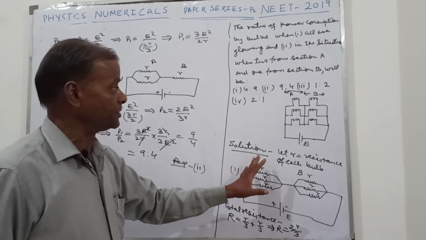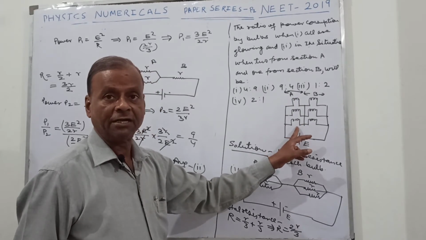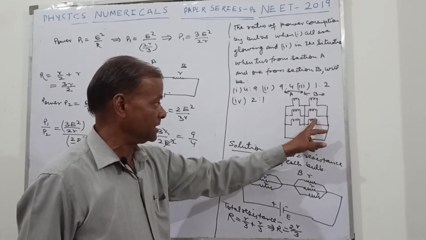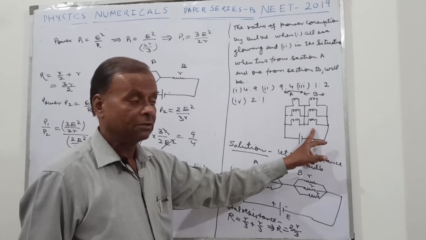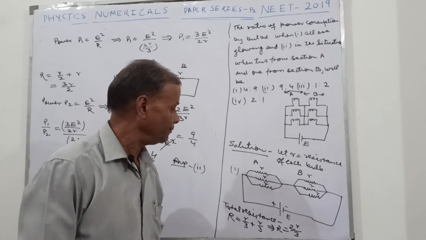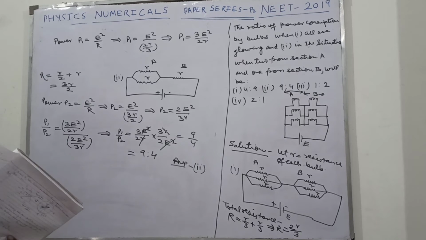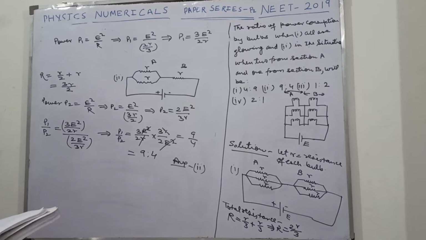So you only have to understand that we are given 3 resistances here which are in parallel, and 3 resistances here which are in parallel. So this is section A and this is section B. So this is question number 24. Now I take question number 25.